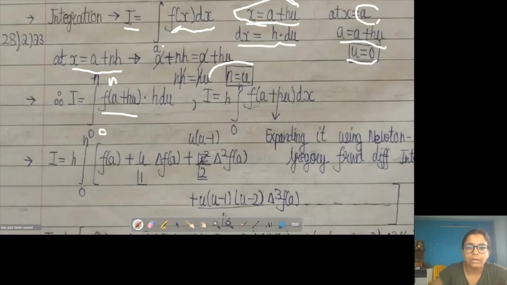For the next step, we go for h times the integral from 0 to n of f(a plus hu) du. How did we get here?